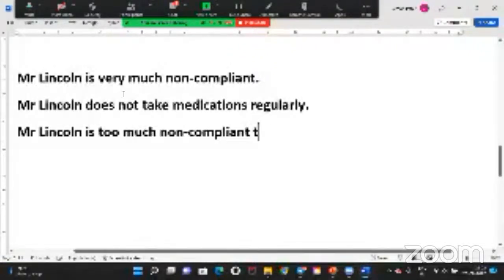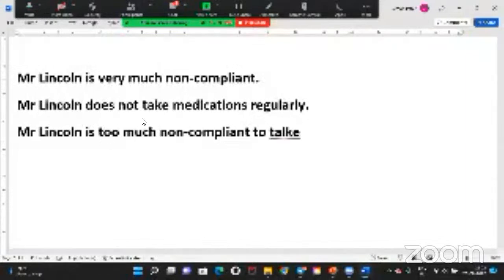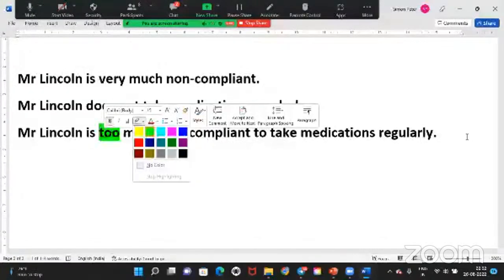That's it. So you're using too. Just use too. He is too much non-compliant to take medications like that.